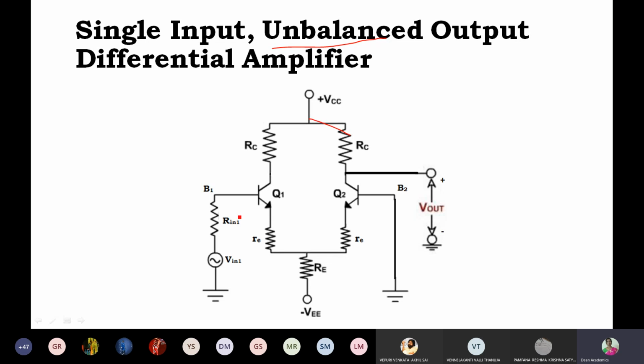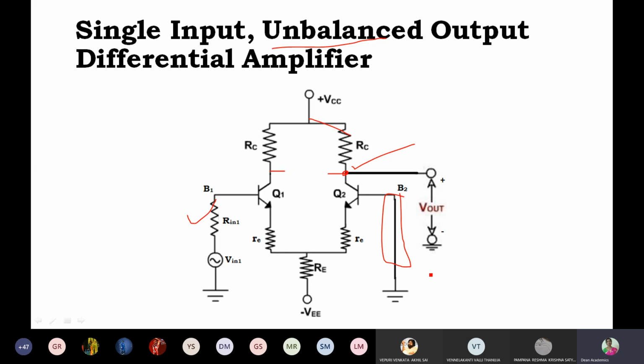What is the difference between this case and the previous case? Single input is as usual, and here you just observe, I have short circuited this second source. Earlier we took the output between two collectors, that was the balanced output. Now we are taking only at one collector, that is unbalanced output.